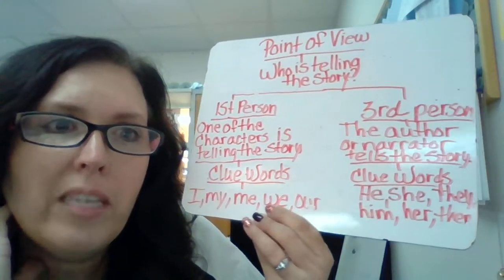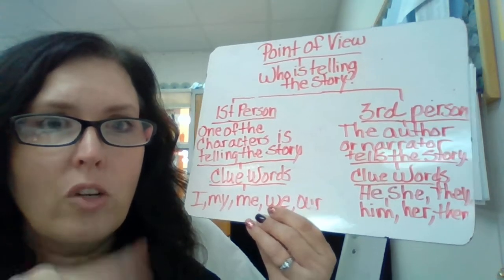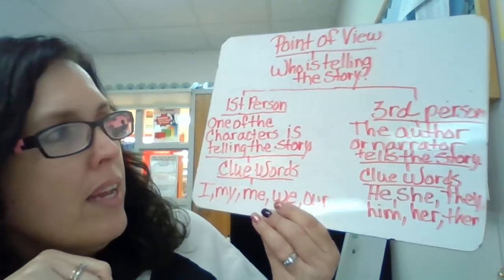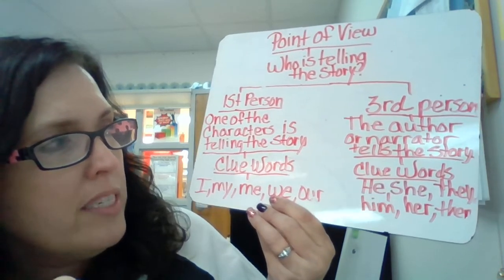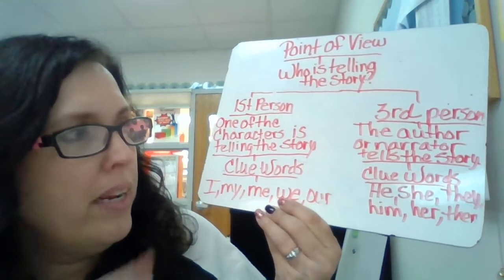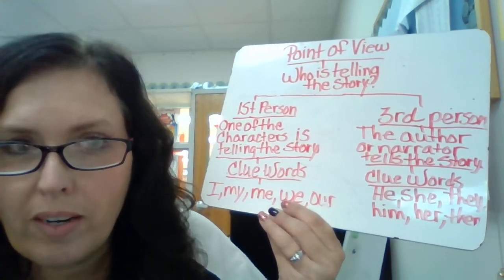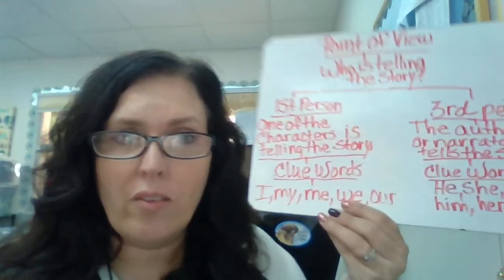It's actually much easier to find a book written in third person than it is in first. So you might find that too. The author or the narrator tells the story, and the words that you find in that are he, she, they, him, and her. They went to the park. Not I went to the park, they went to the park. So those are the differences in those.